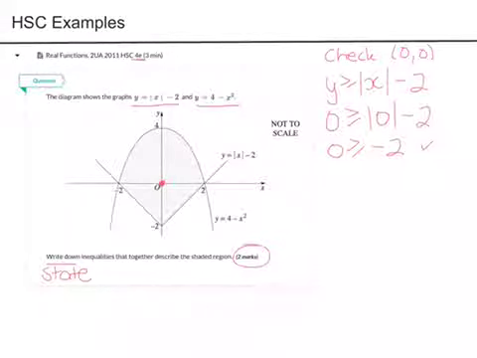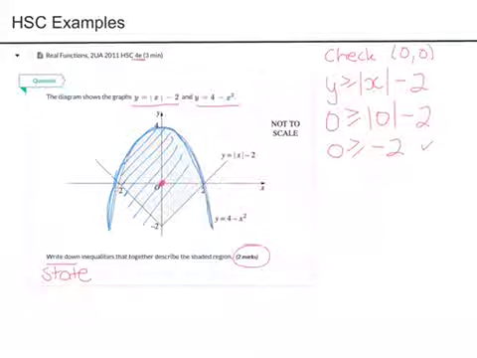The second function, which is a concave down parabola that has been shifted to positive 4 on the y-axis, we can see that the region they have shaded appears below the parabola, hence leading us to the inequality that y must be less than or equal to, as it is a solid line, 4 minus x squared.